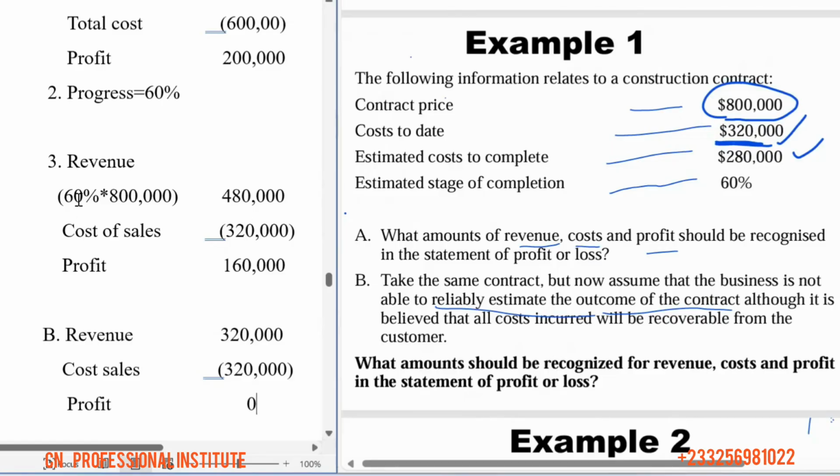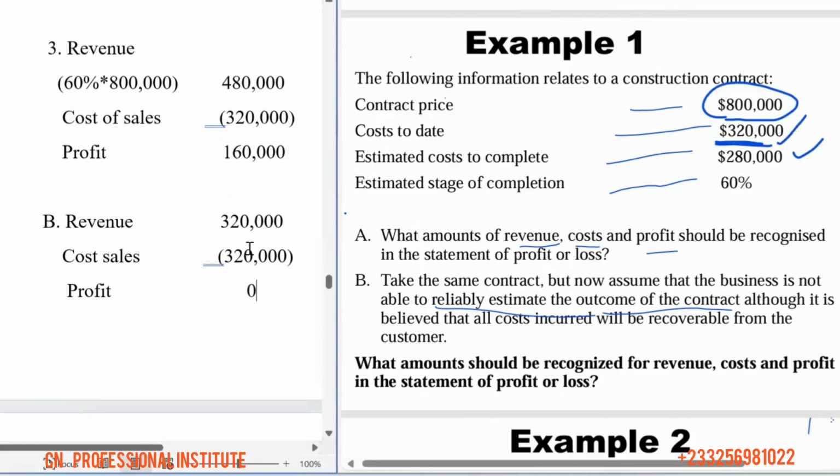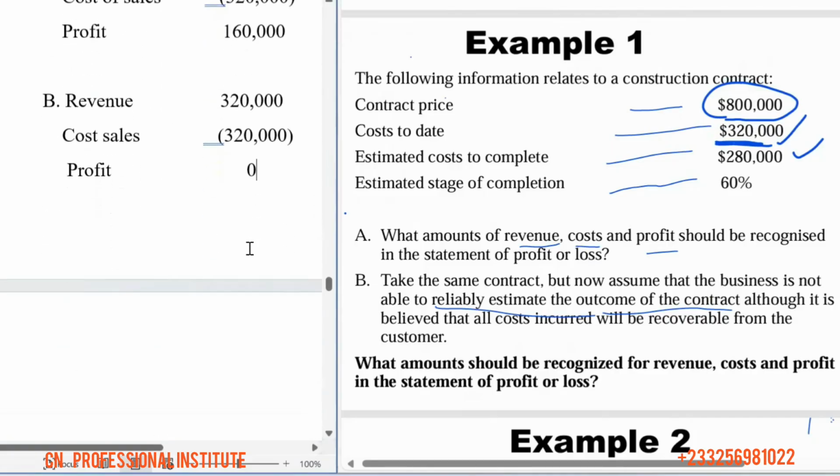We would have applied the 60% on the total cost of 600,000, giving us 360. So if we're using the old method, our revenue would have been the normal 480, our cost of sales would have been 360, leaving us with a profit of 120. Are you following? So we are now looking at the new way of presenting this as introduced by ACCA.